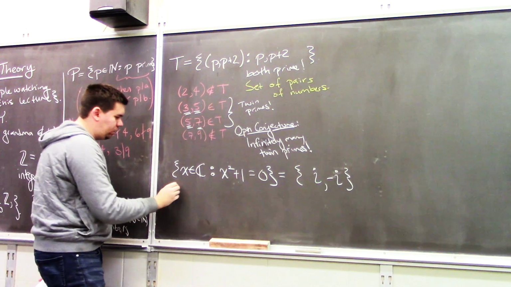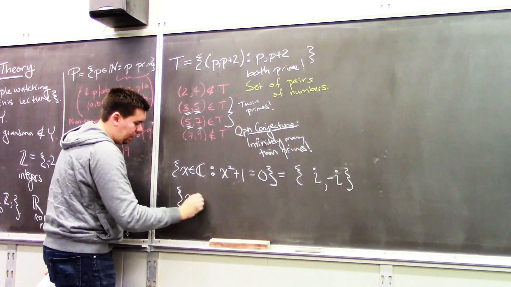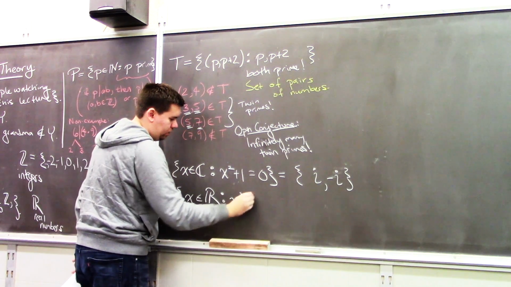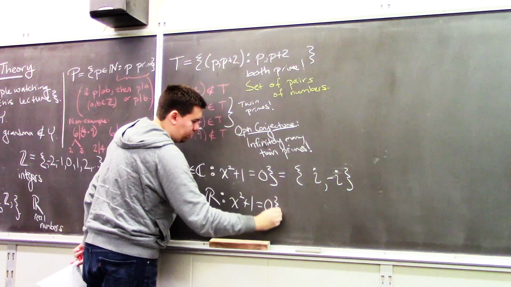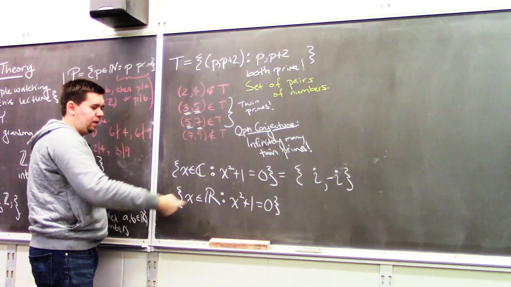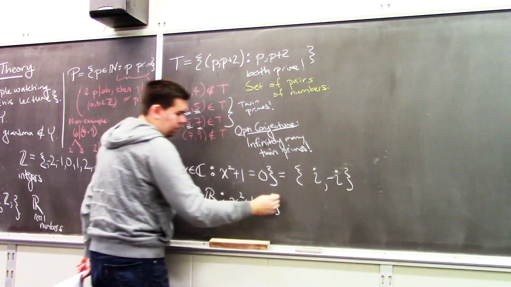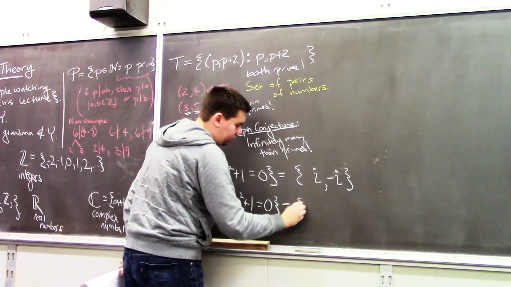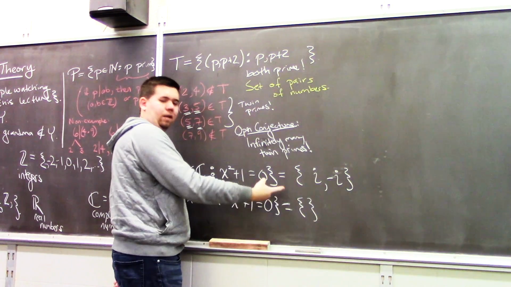If, however, I change the set slightly to say all real numbers, it looks like a very similar condition. But now there are no real numbers that satisfy this condition. So what's in the set? Nothing's in the set. You might be tempted to write just brackets with nothing in there.